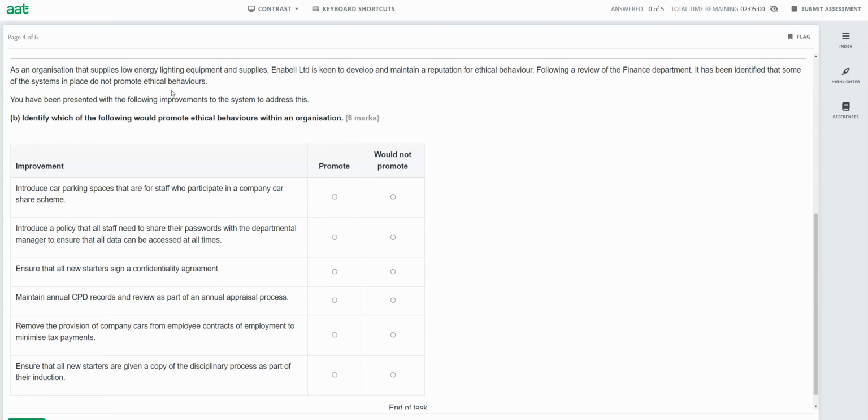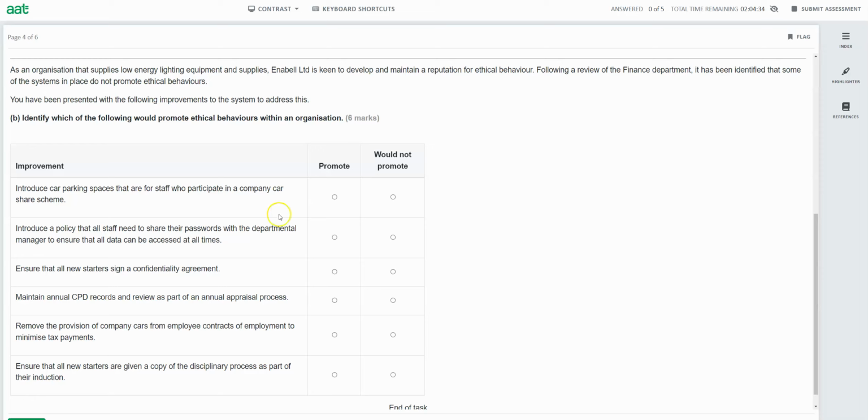So here all you have to look at is what is fair for everyone. If you look at the question, the scenario or the improvement, you need to look at whether it is fair. If you think it is fair, then of course it will promote the ethical behavior. But if you think it is not fair, then we'll say it would not promote the ethical behavior.